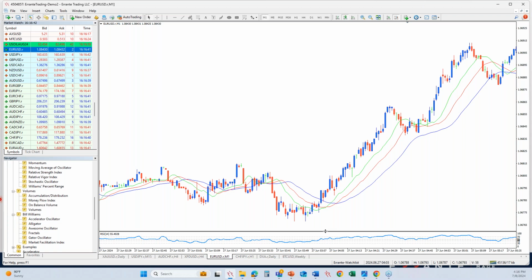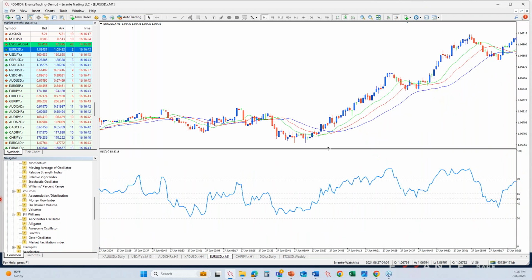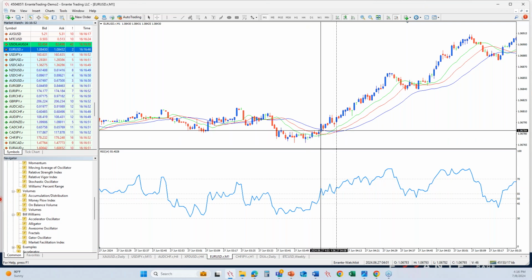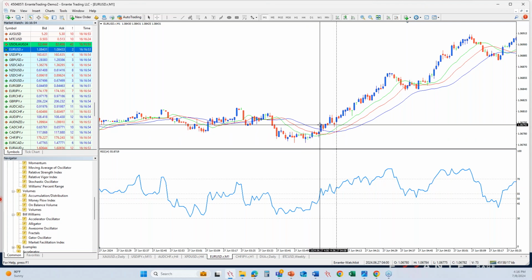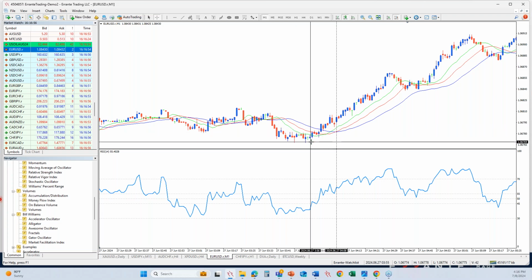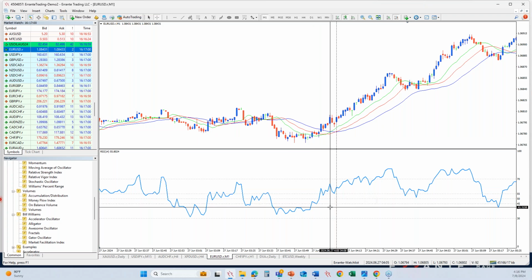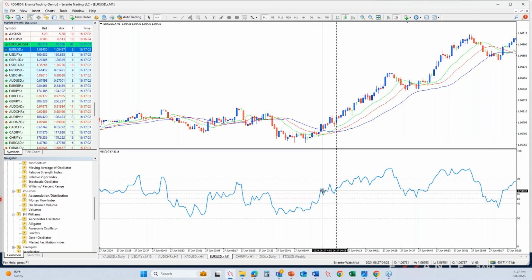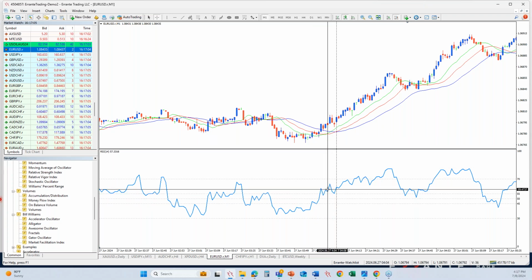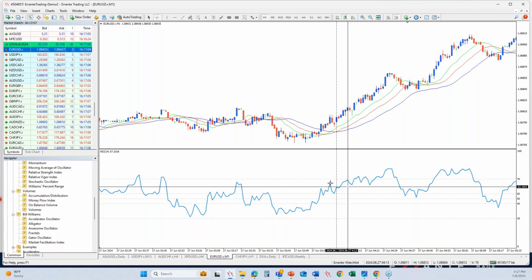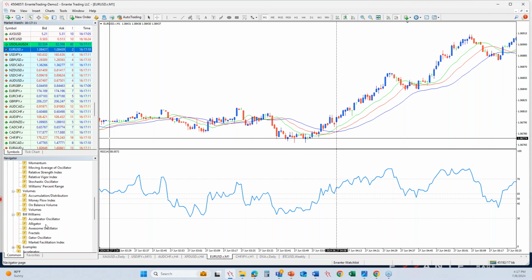For example, here, if we look at the RSI, we see as soon as the price breaks above the alligator, the RSI breaks above the neutral zone, entering into the buying zone or buying area. So it can be used as, let's say, a confirmation.